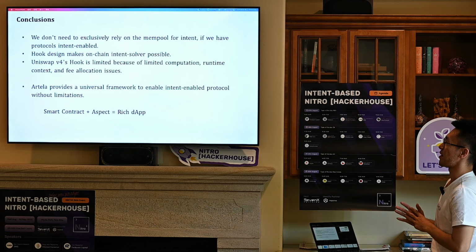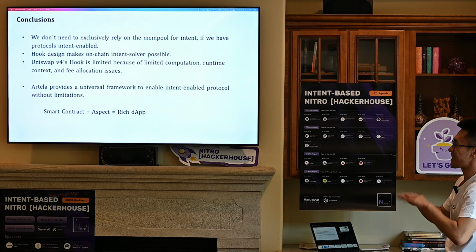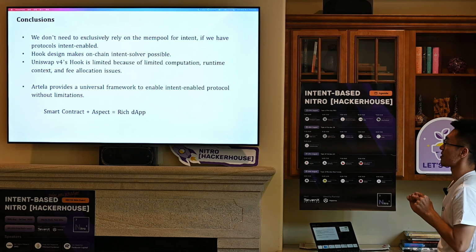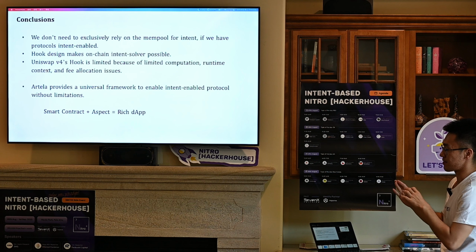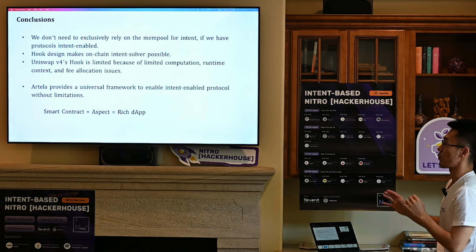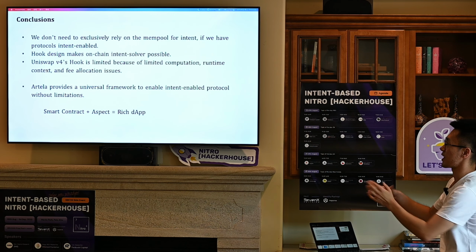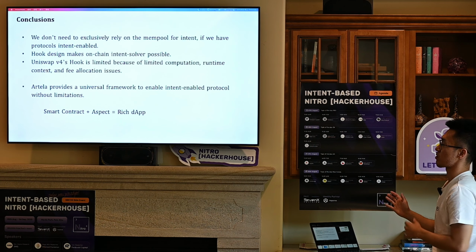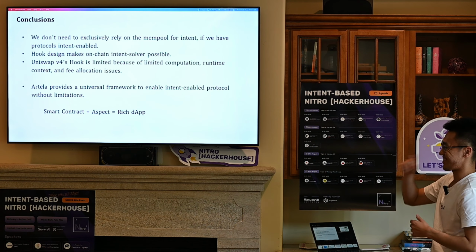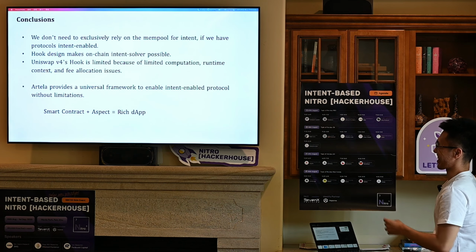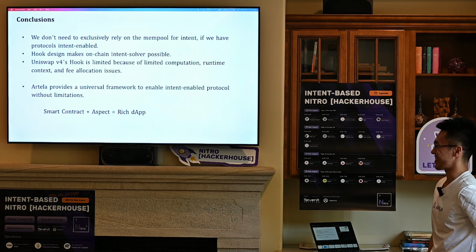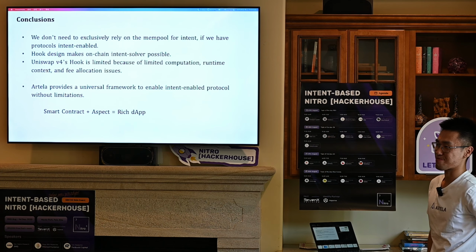And third, Uniswap v4 is good, but it's kind of limited. Especially, it's not a universal framework. So what we are building is a universal framework to enable these intent-neighbor protocols without limit.